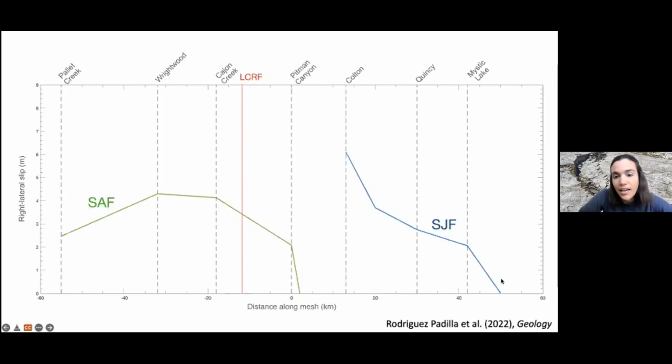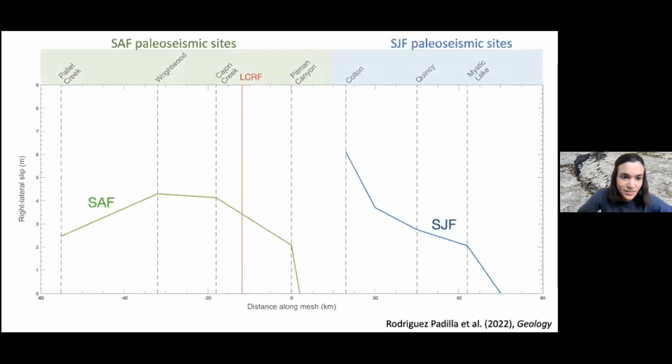And in blue, I have the distribution of slip on the San Jacinto fault up to Colton, which was the northernmost paleoseismic site on the San Jacinto, so we're 30 kilometers away from the LCRF. And here I'm using the slip distributions from Julian Lozos's preferred model. So we have all of the distributions with the paleoseismic sites where the slip distributions match what was observed in the field. Okay, so I just added those sites.